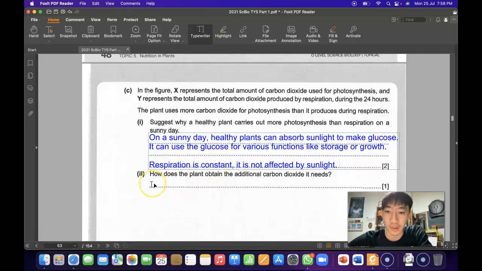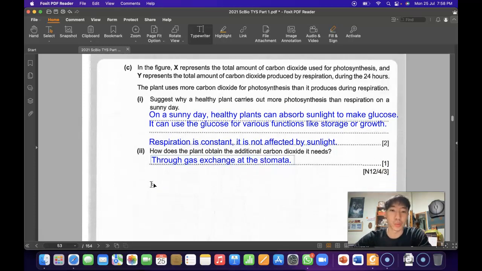How does the plant obtain the additional carbon dioxide it needs? This is called gas exchange, through the stomata.